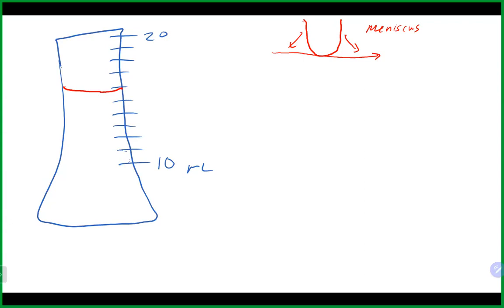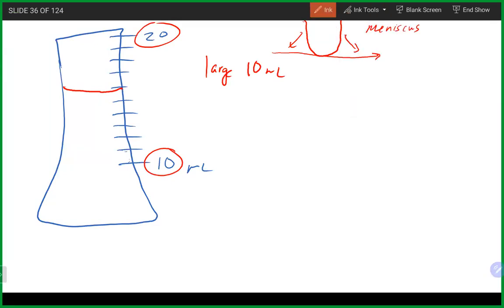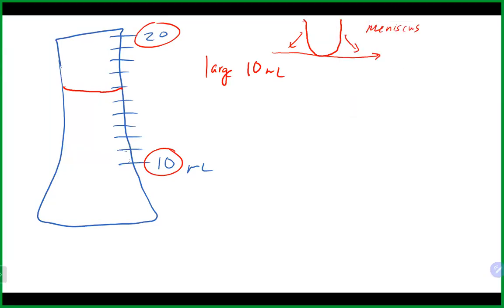So here we still want to do the same thing we did before. I got big markings at 10 and 20, which means my large markings here represent 10 milliliters. I once again want to count how many of the small markings there are between those large markings. So again, starting to count here, 1, 2, 3, 4, 5, 6, 7, 8, 9, and 10.